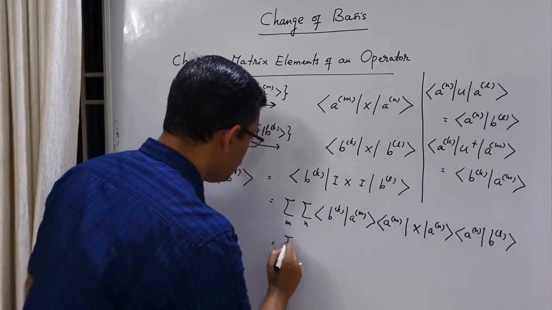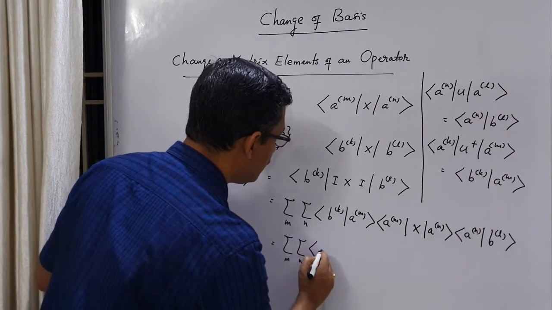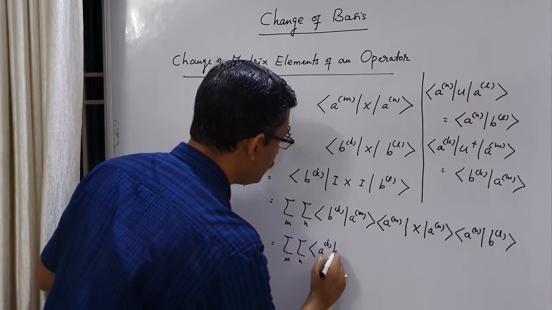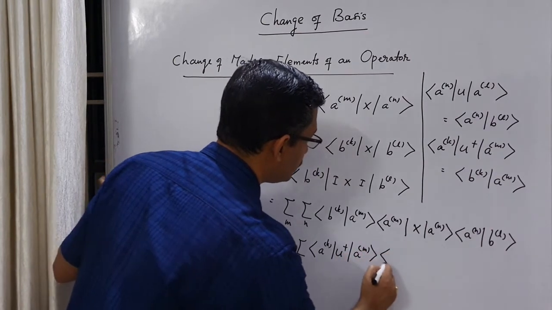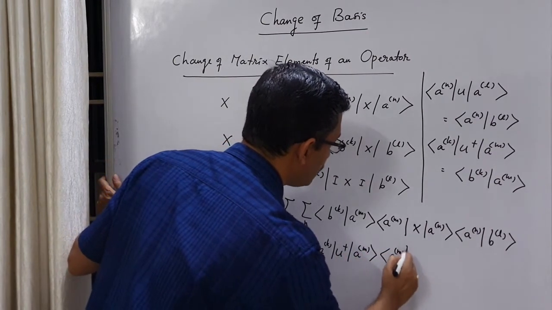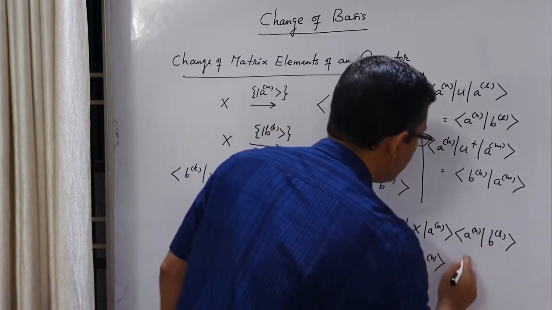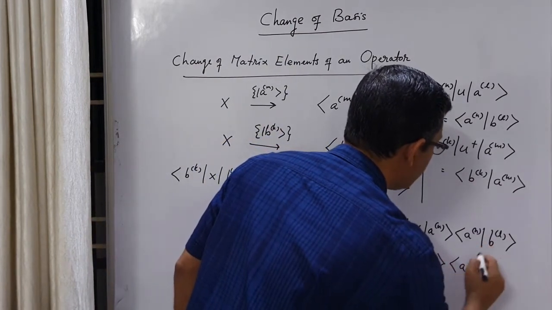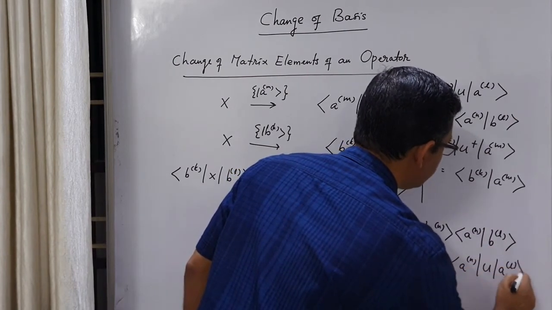So sum over n. Here I can write <a_k|U dagger|a_m>. This is the matrix element of X in the old basis, <a_m|X|a_n>. And this is the matrix element of U, that is the nth matrix element, <a_n|U|a_n>.